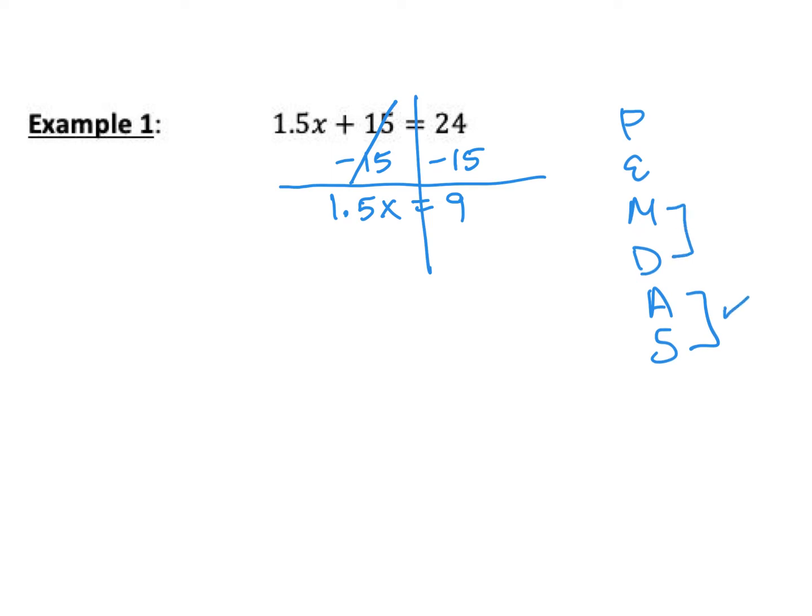Right now, we have 1.5 being multiplied by x, so we are going to divide by 1.5 on both sides. 1.5 divided by 1.5 is 1, which leaves x by itself. And then 9 divided by 1.5 is 6. So x equals 6. That's our final answer, x equals 6.